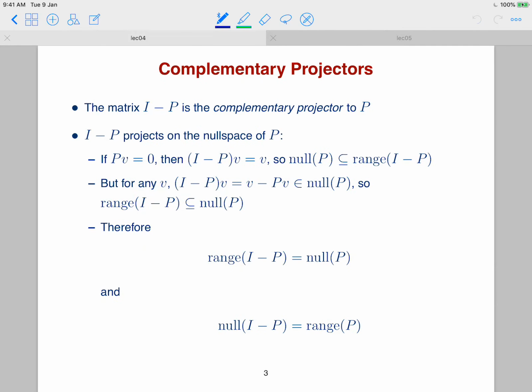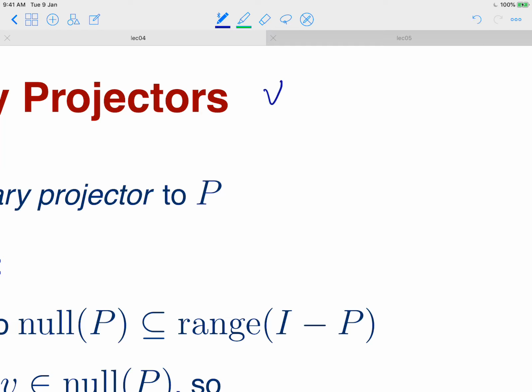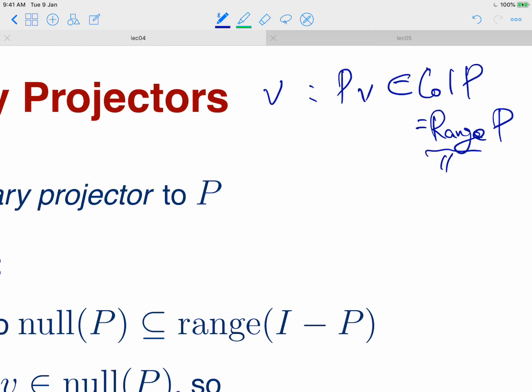And also, let's look at this. For any given vector v, Pv is of course in the column space of P, or it is also called the range, right? And in Korean, what's the range?